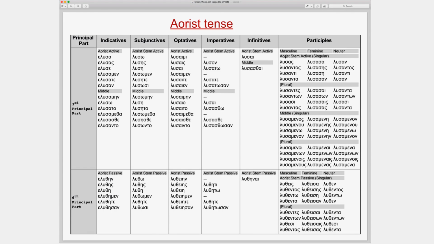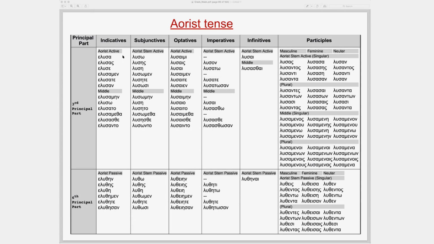Okay. And now notice something about the aorist tense. It's got every single definition, every possible variation. You have the active, middle, and passive, right? Let me use my pen here.